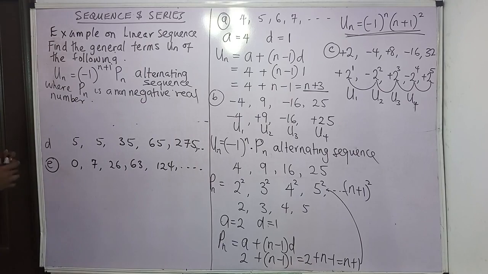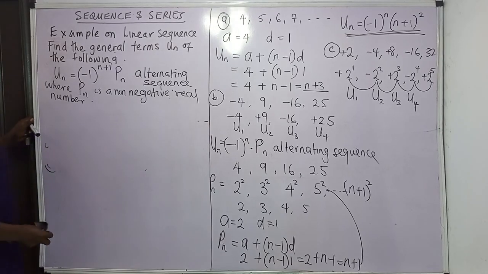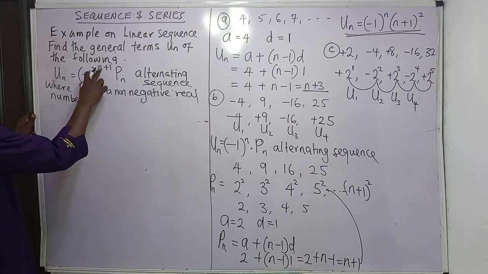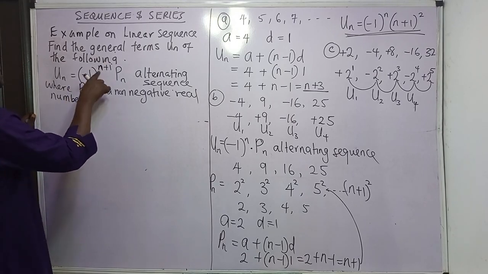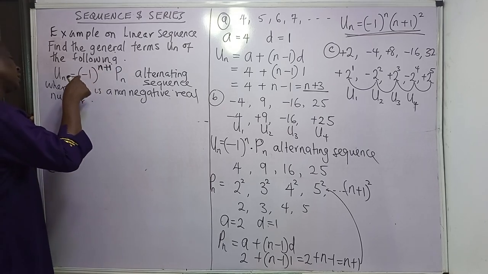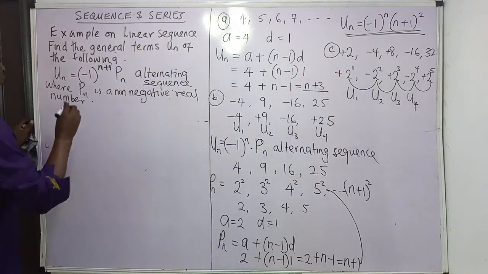Don't worry, we'll have the question with us, so we'll still come back to it. Now, what do we have? If you put 1 here for this n, 1 plus 1 is 2, and minus 1 raised by 2 will give us positive. So that's why we go with that one.